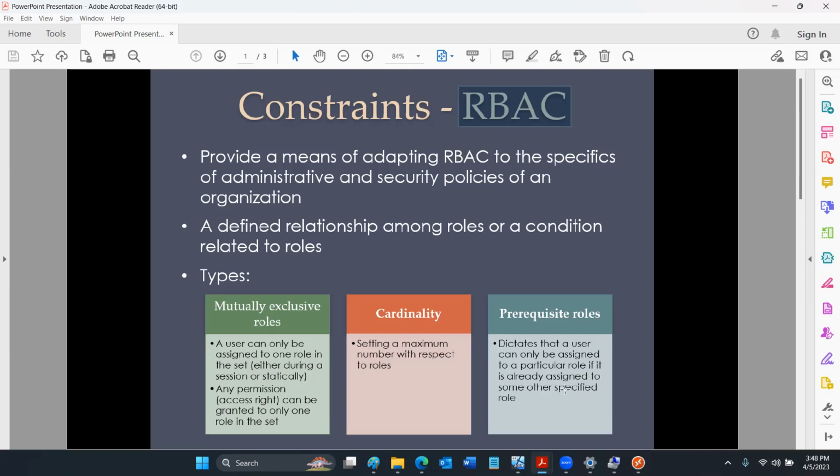So prerequisite roles, right? If you're going to be doing accounting or bookkeeping, you have to be a member of the finance group. So this is another aspect of role-based access control and how to structure it in an organization.